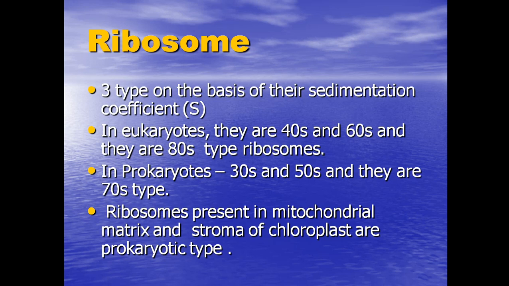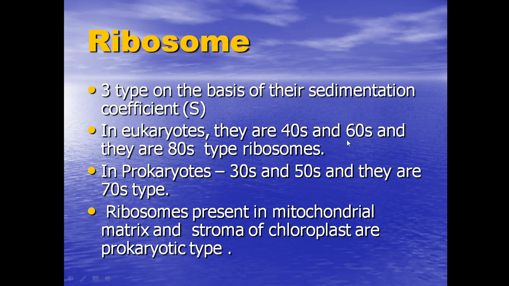Suppose you put the entire ribosome, both the units together, then the entire ribosome will settle at 80 Svedberg units. So that's why these two are not additive. When they are separate, the smaller settles at 40 Svedberg and the larger unit settles at 60 Svedberg.